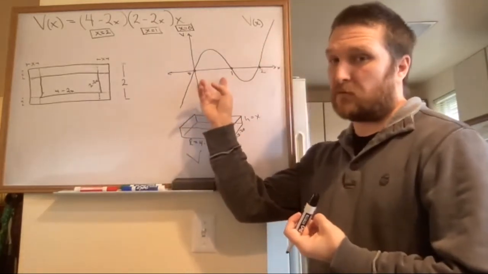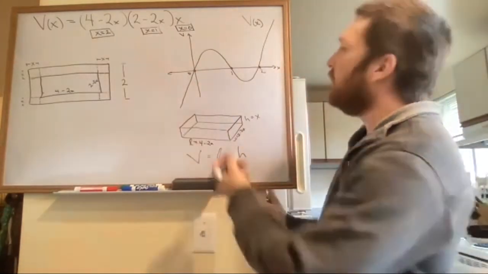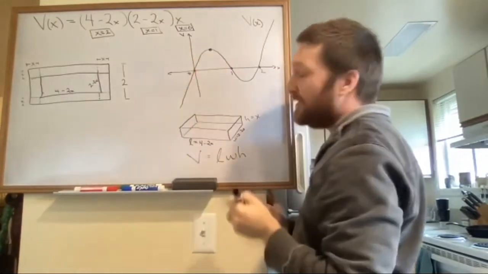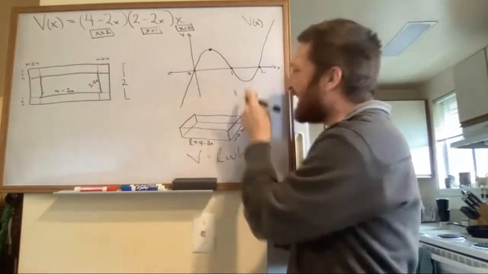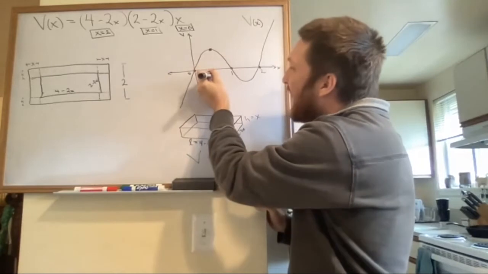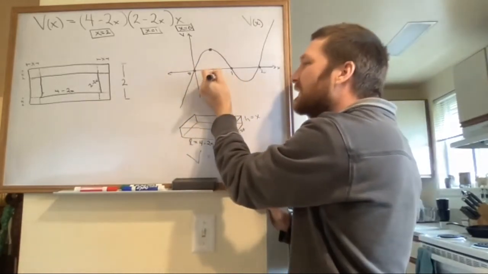We know it's between 0 and 1 because of the problem. And so you'd think, well, it's got to be this point right here. And you might think, oh, hey, this looks like a parabola. It's got to be halfway between there, right? Since that's 1 and that's 0, it would have to be here at 1/2.